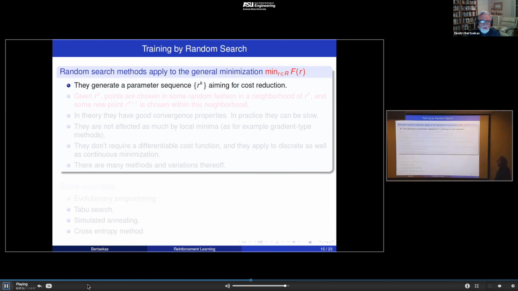And of course, this F here may involve an expectation, or it may involve something a lot more complicated than it appears here. Random search methods are iterative. They generate a parameter sequence, always aiming at cost reduction, looking for better and better costs, but exploring at random around the current point.